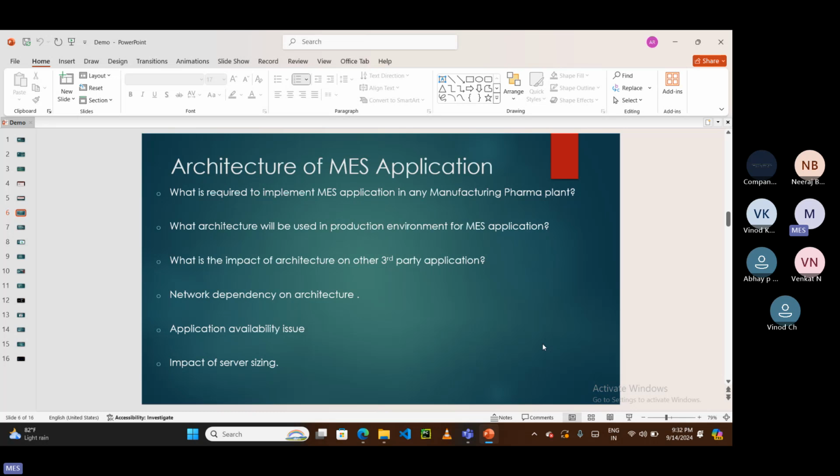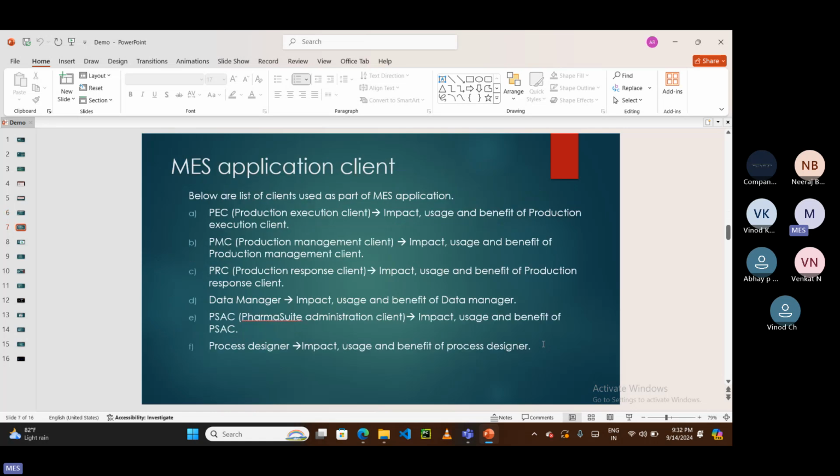Multiple discussions will happen, and we need to understand the server architecture of the MES application. And we will understand all the application lines, and how many sub applications are there in our MES application.